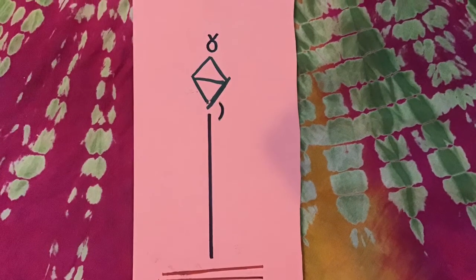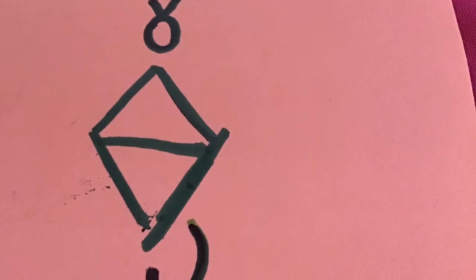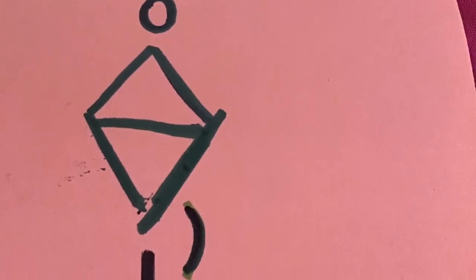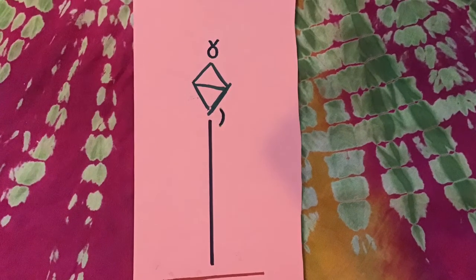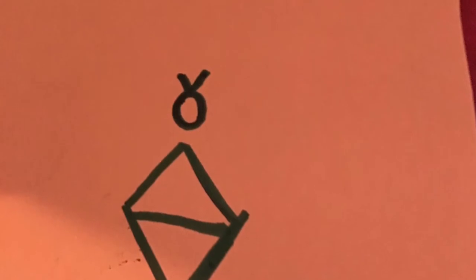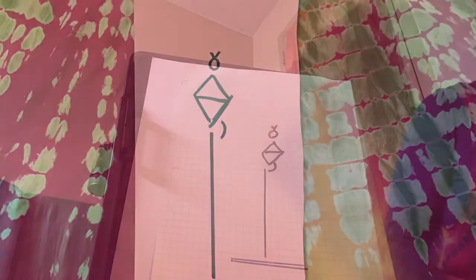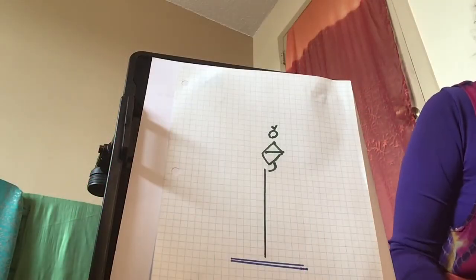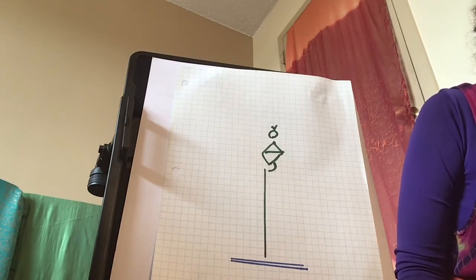And to say that that action is arriving at a body shape, you add the connection symbol. Also, to indicate that you are going to remain in stillness, you add the stillness symbol at the top of the diamond. This is an example of a very simple dance score written with the symbols of the language of dance.